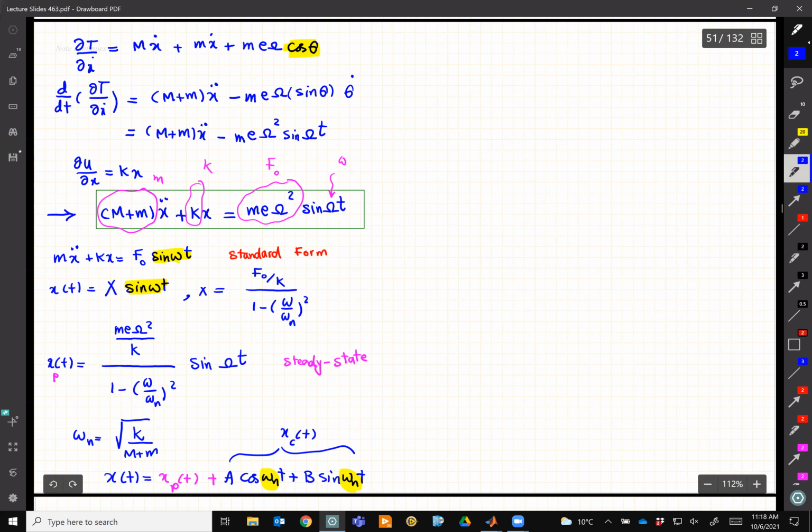But we said this part is not really that important because when you turn on your washing machine, it takes only a couple of seconds, 3-4 seconds, gone, because soon you will see we are going to add damping to the system, making the system more realistic. And this is why for the rest of the semester, we care only about the particular solution and not really dealing that much with that part.